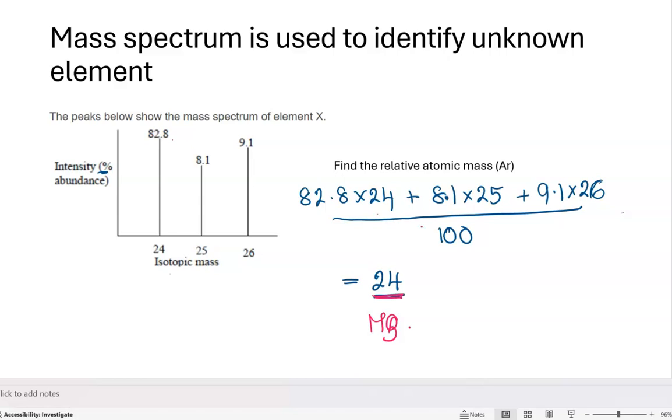So finding the relative atomic mass by percentage abundance times isotope mass: 82.8 times 24, plus percentage abundance 8.1 times isotope mass 25, plus percentage abundance 9.1 times isotope mass 26, divided by the total percentage abundance of 100. So the relative atomic mass is 24, that is the element is magnesium.